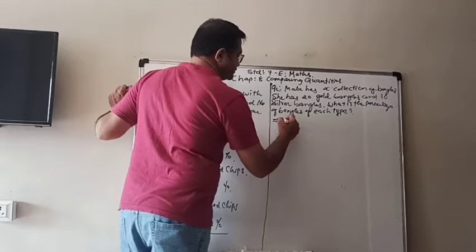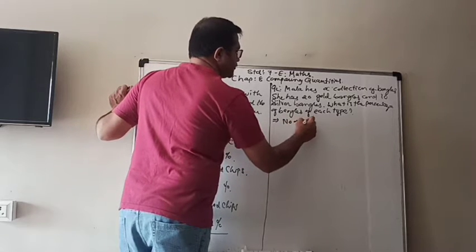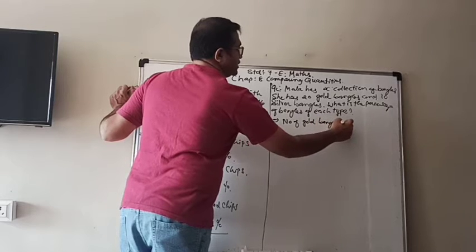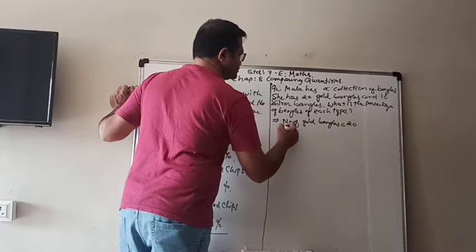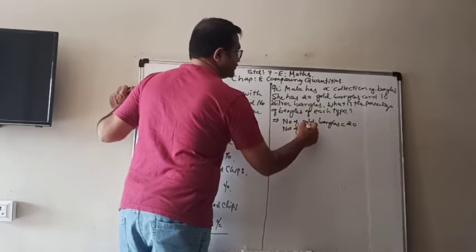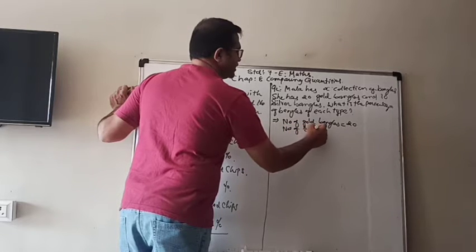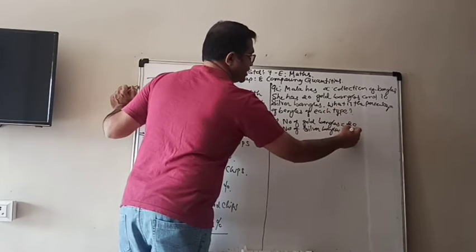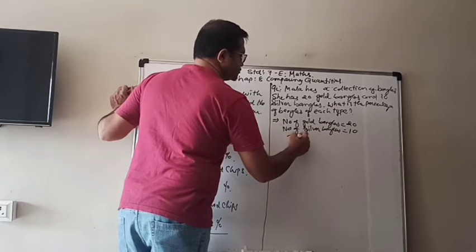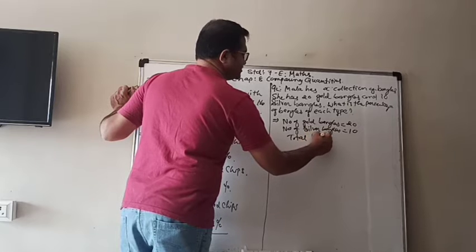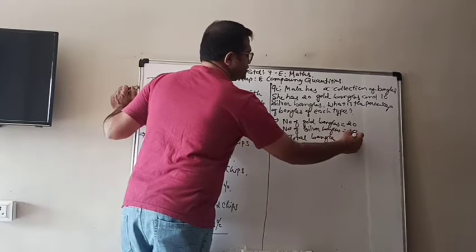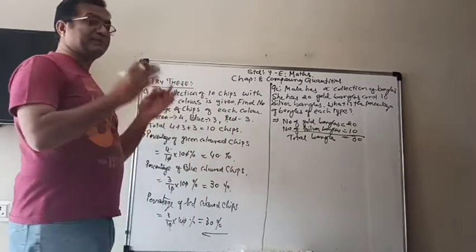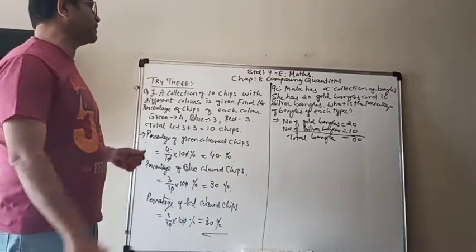So now, number of gold bangles is 20 and number of silver bangles is how much? 10. So total bangles is equal to 30. So now we have to find the percentage of each type of bangles.